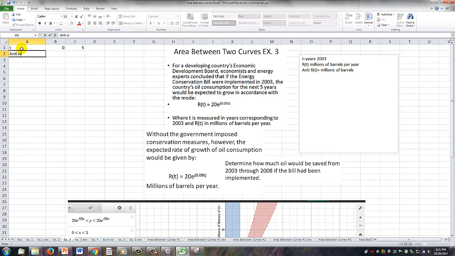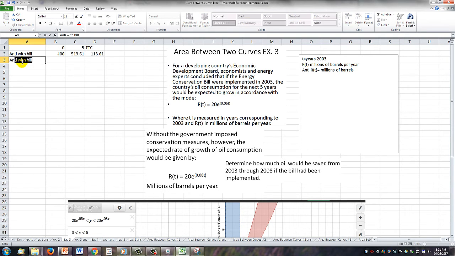And then we'll do the one with the bill, and that would be 20 divided by 0.05 times exp to the 0.05 times t, and then evaluate it at 5. FTC means find the area under that curve.